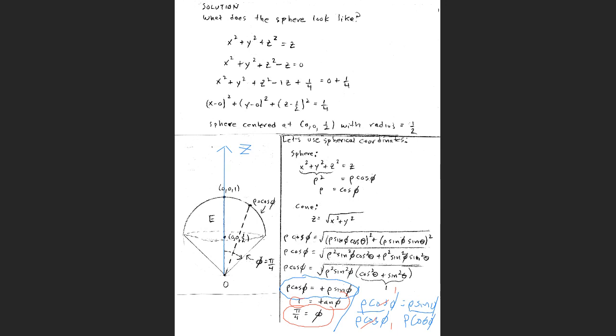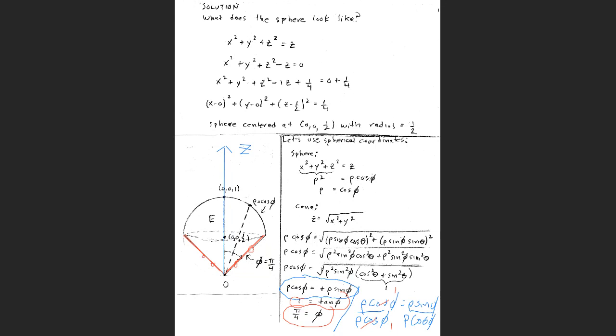This is the cone. All those points here are on the cone.